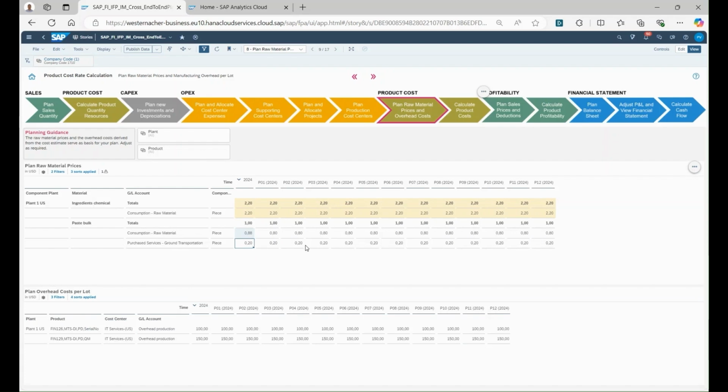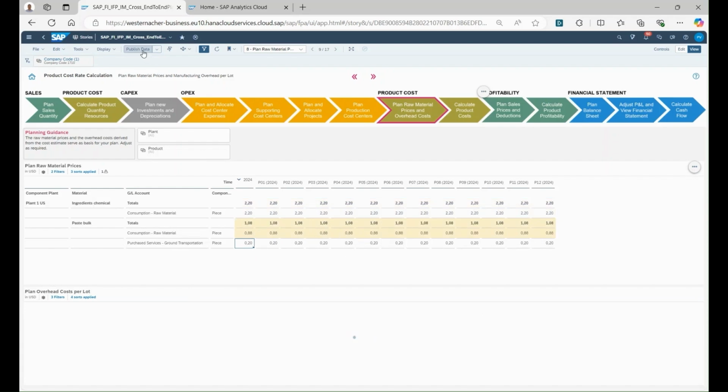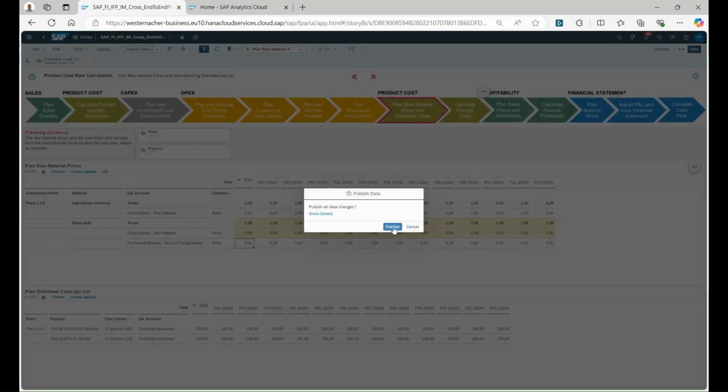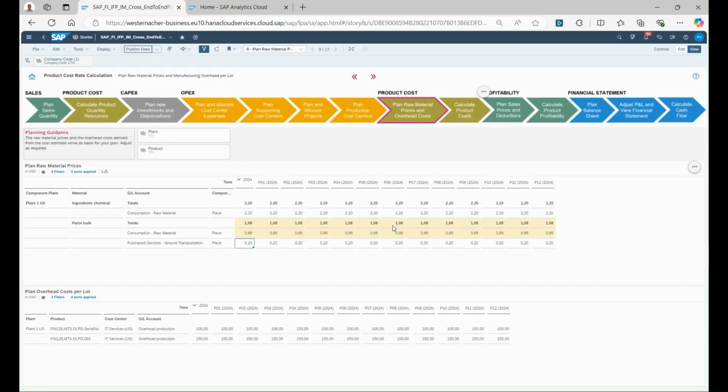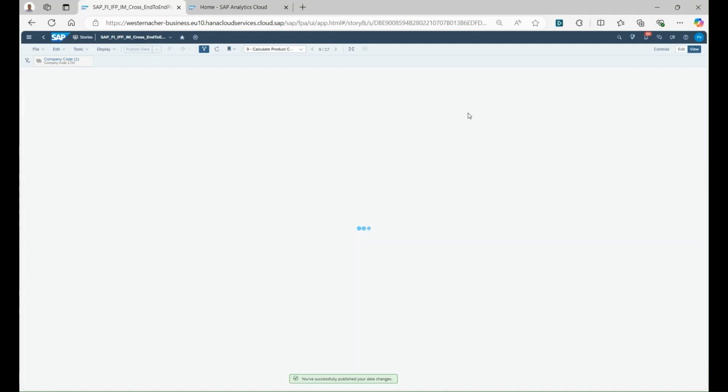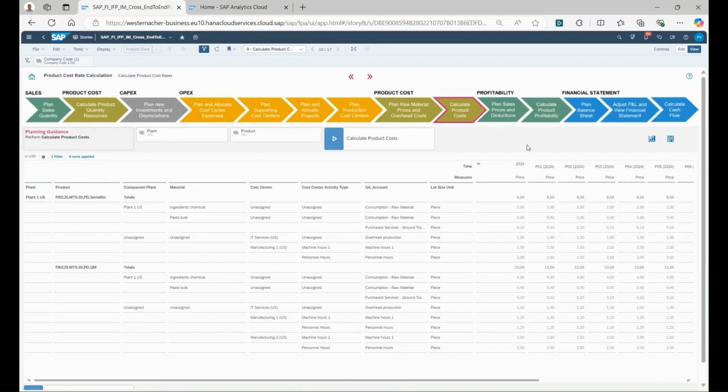This is per unit. These are different cost components. There's also a ground transportation bit, but we're not considering that. This is simply a change which is made, and Amy is now pushing this through because she wants to see what it's going to look like as an impact in profitability planning.